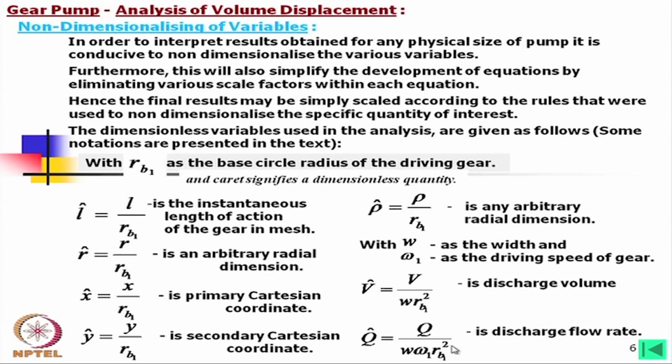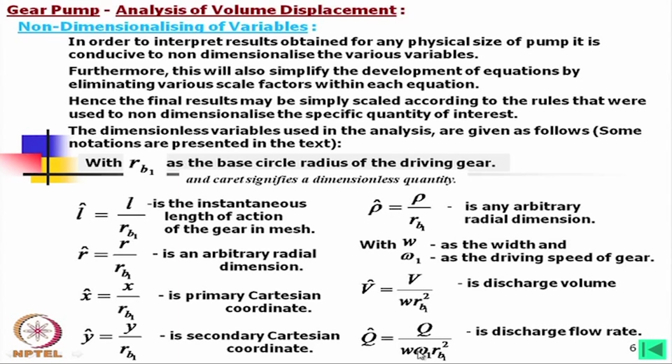In other words, if we carry out analysis with non-dimensional parameters and find a non-dimensional volume, we simply multiply by the actual real parameters of the gear pump we have considered. We shall consider that width, that base circle radius RB1, and in the case of flow rate, the actual speed.